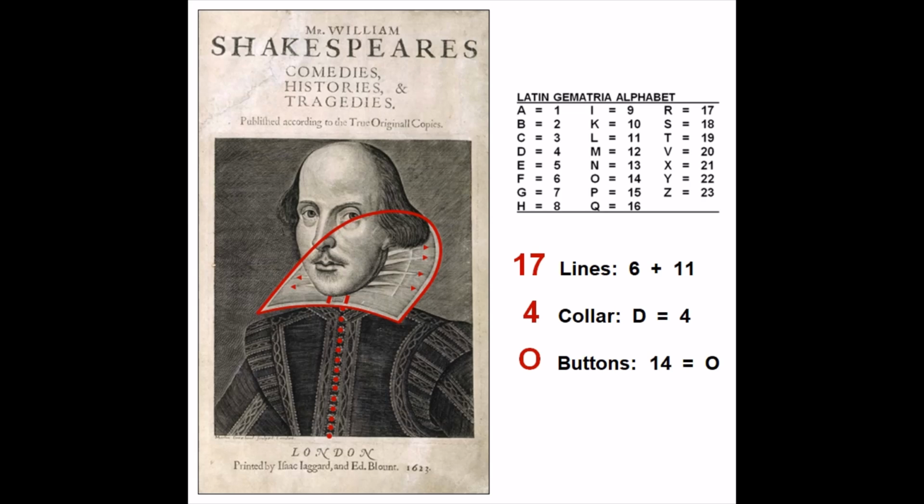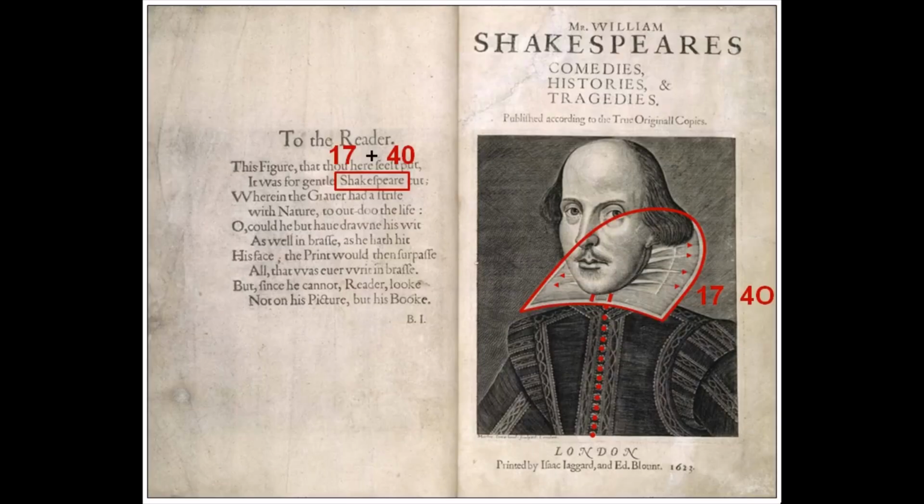If we're calling a spade, then it looks like the truth about William Shakespeare is that he's 1740. The right to left word count from the end of the poem implies the same. Again, Shakespeare is word 57 or 17 and 40.